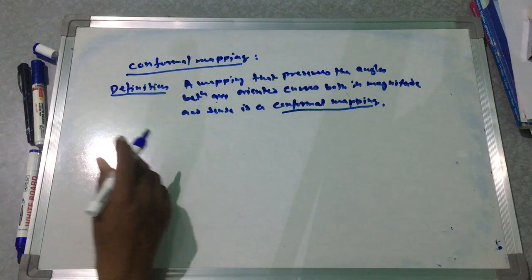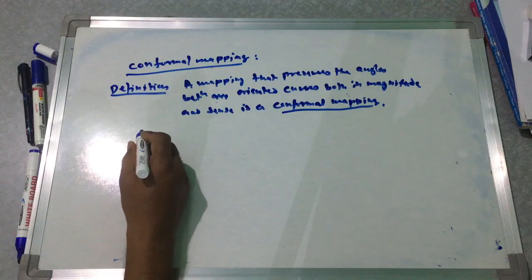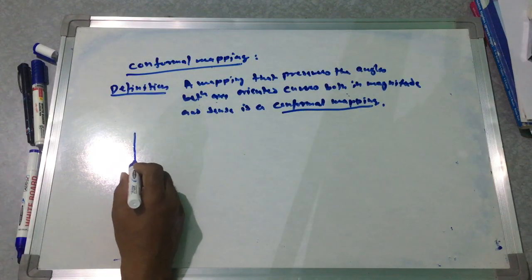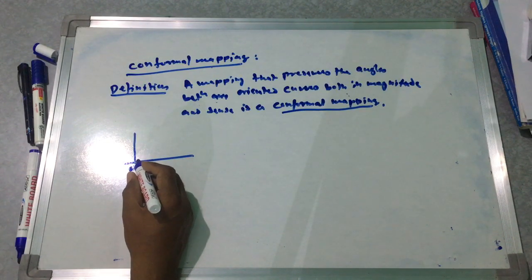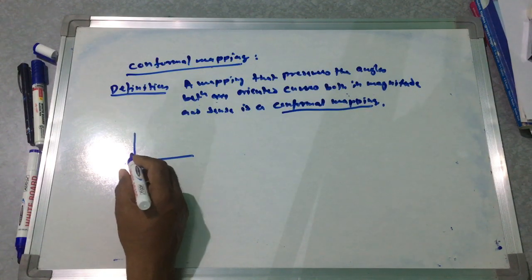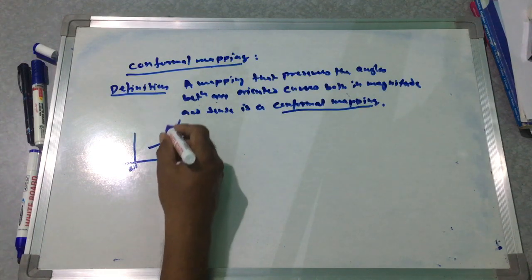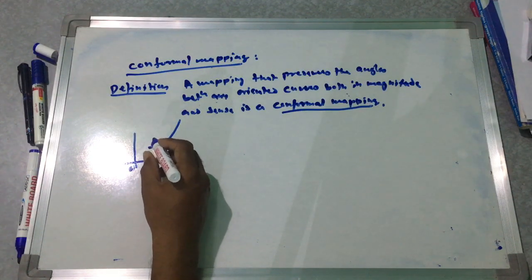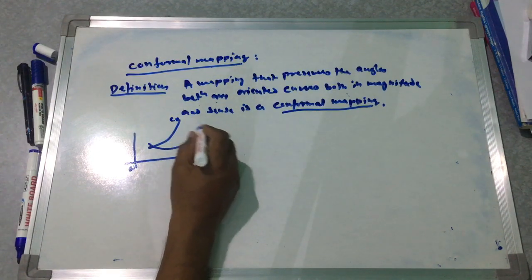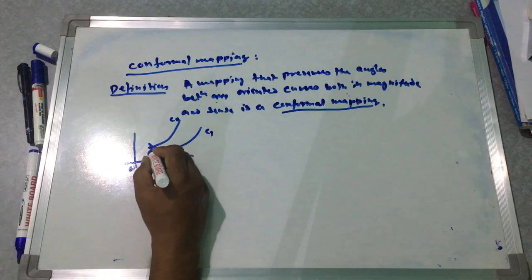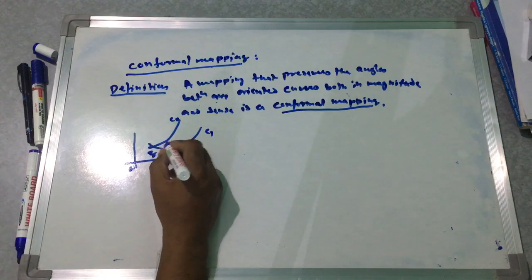So we have to consider here, suppose this is the origin, C1 and C2 are two curves in the z plane intersecting at the point z0, making an angle theta with this direction.